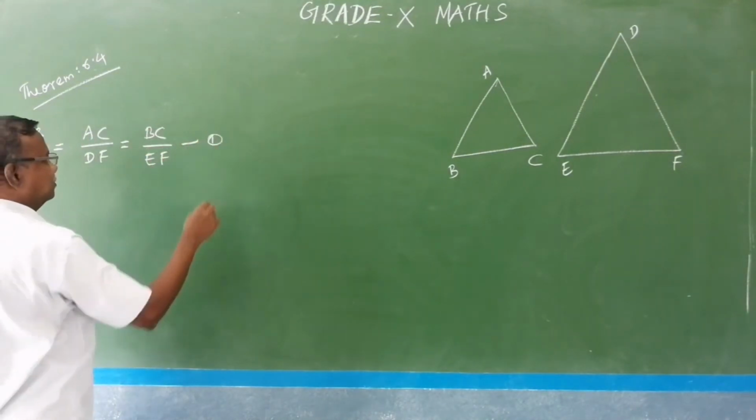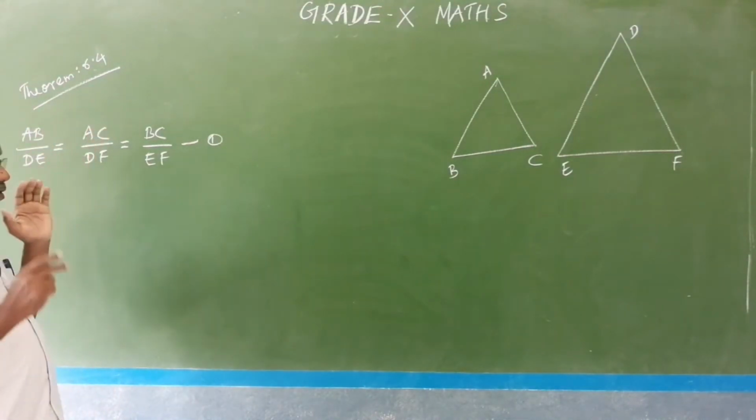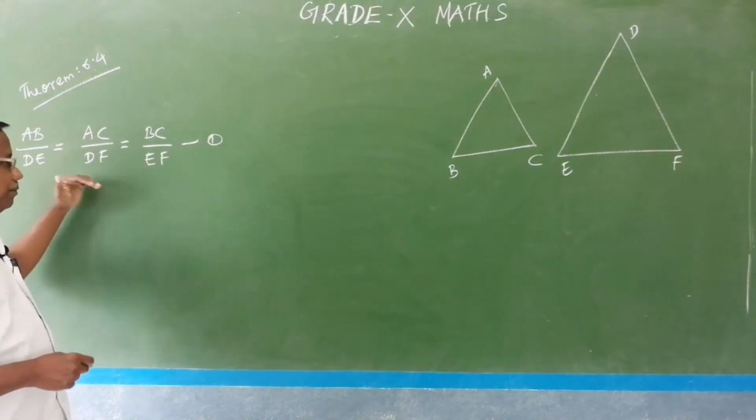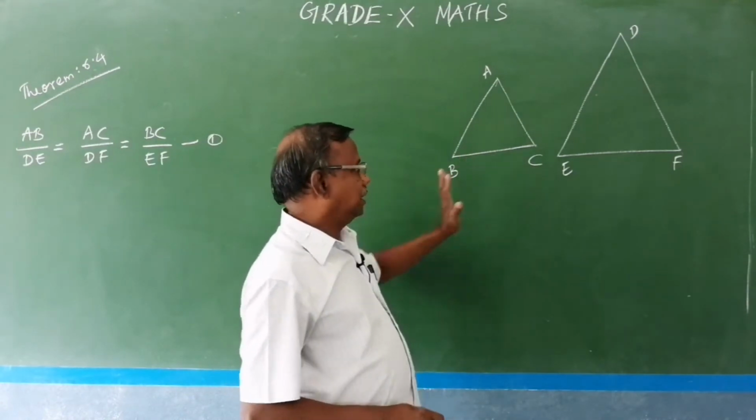Say this is one. This is given. If the sides of two triangles are in the same ratio, then we can say their corresponding angles are equal, then these two triangles are similar.